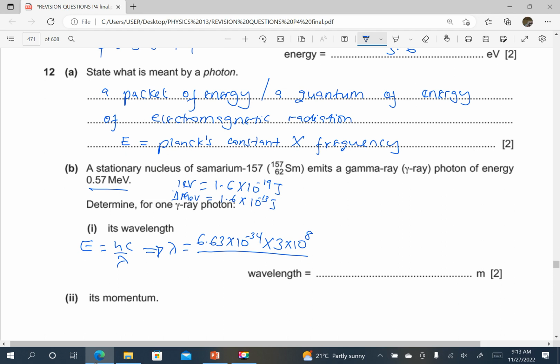So the energy will be 0.57 times 10 power 6 times 1.6 times 10 power negative 19, or I can just replace it with times 10 power negative 13 without adding 10 power 6 here. So I press my calculator.